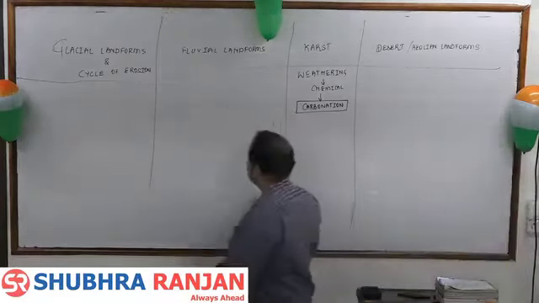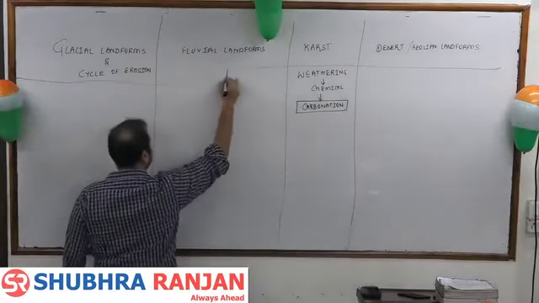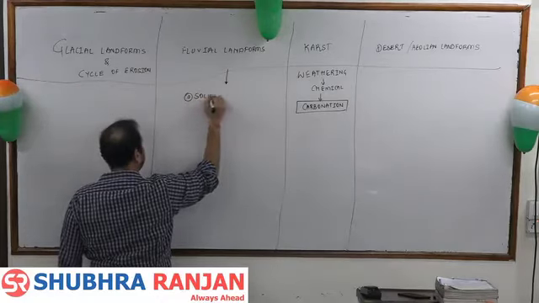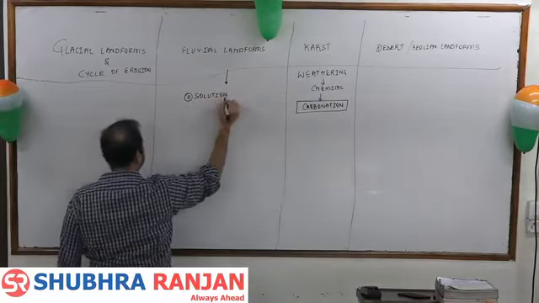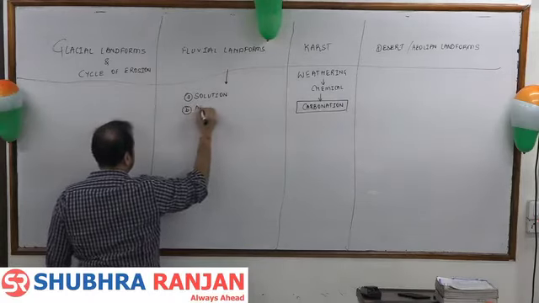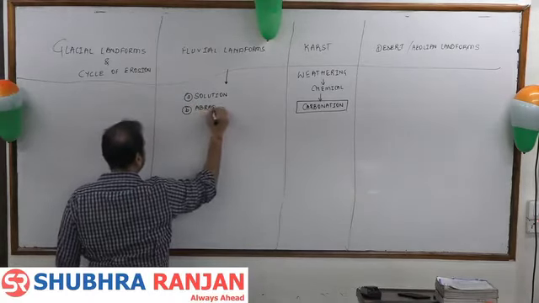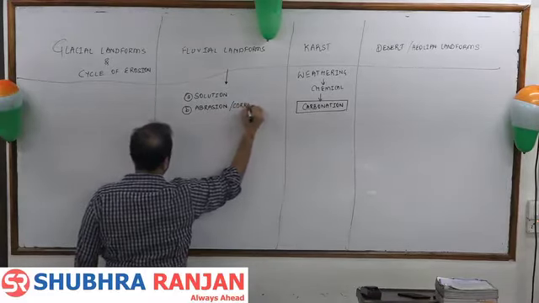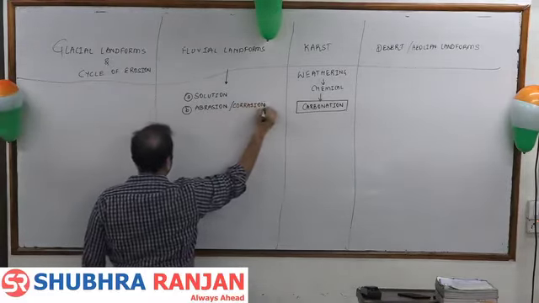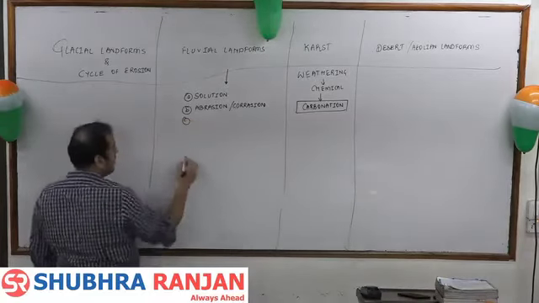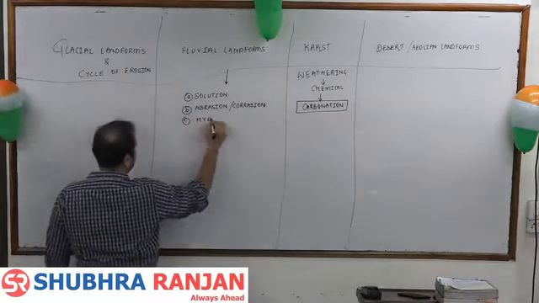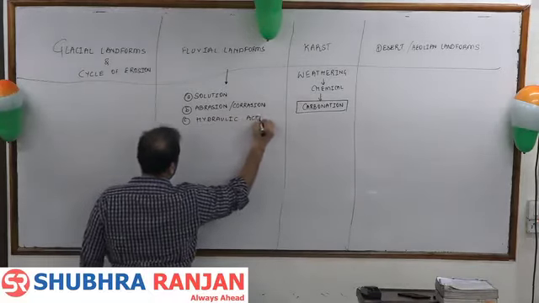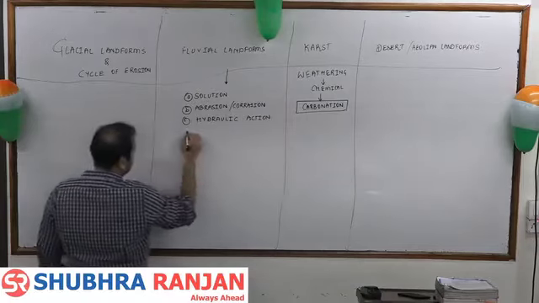Fluvial landforms, if you remember, they work by the process of solution, by the process of abrasion or corrosion, by the process of hydraulic action, and by the process of attrition.